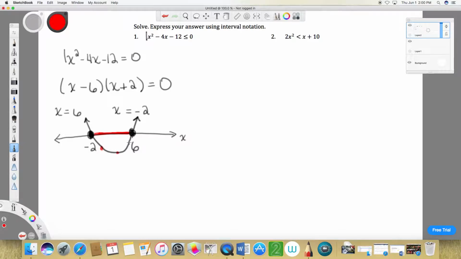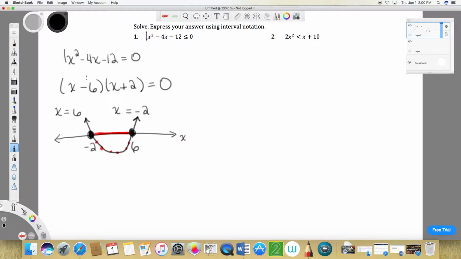All of these points on this parabola have two things in common: the x-coordinates are between negative 2 and positive 6, and all of the y-coordinates are negative. It's below the x-axis. So that tells us what our solution is.